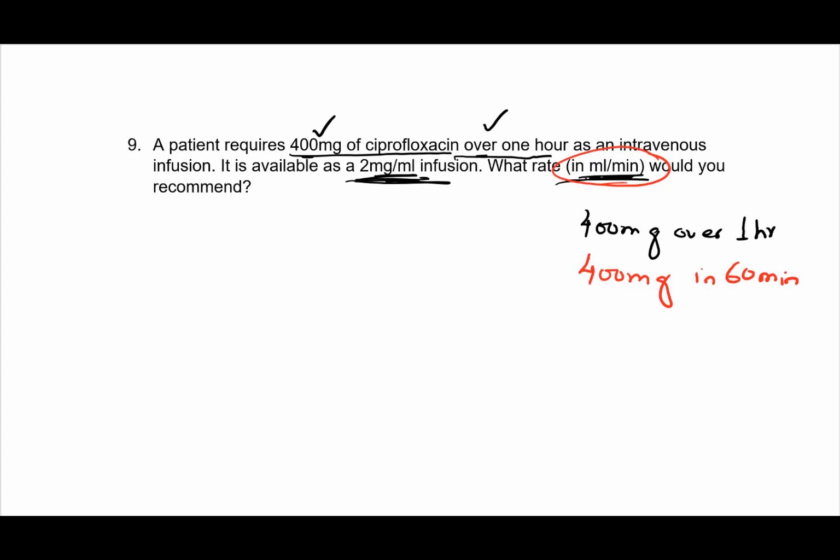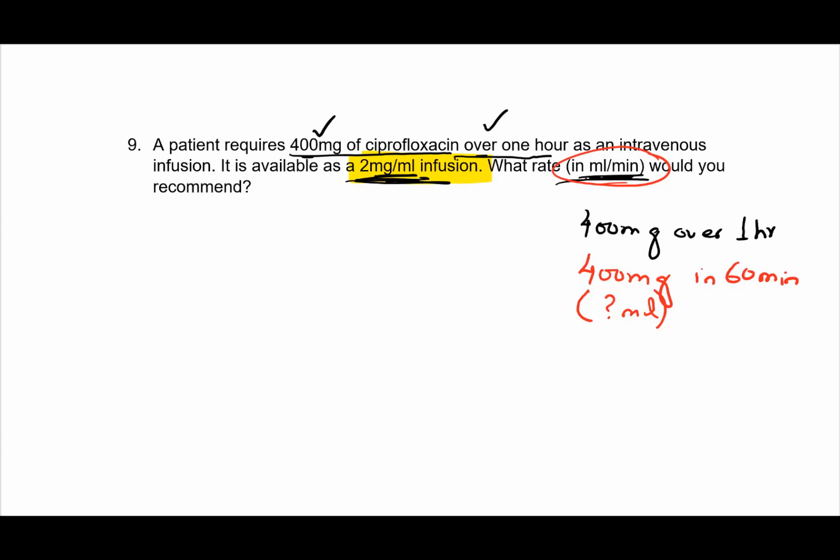There's 400 milligrams. So the next thing will be how many milliliters are present in this 400 milligrams, and then I can figure out mils per minute. You make use of the concentration of the infusion, which is given, to figure out how many mils are present in 400 milligrams.